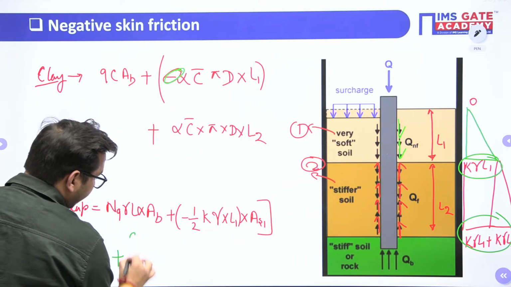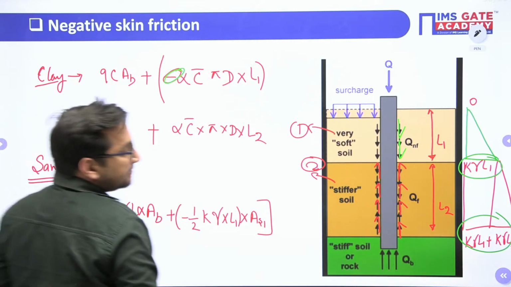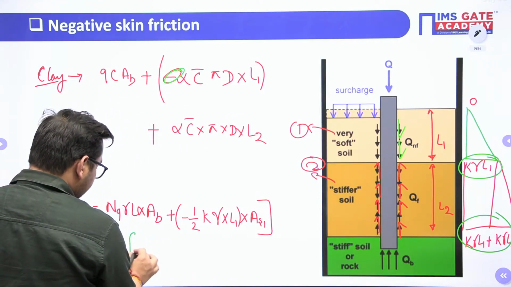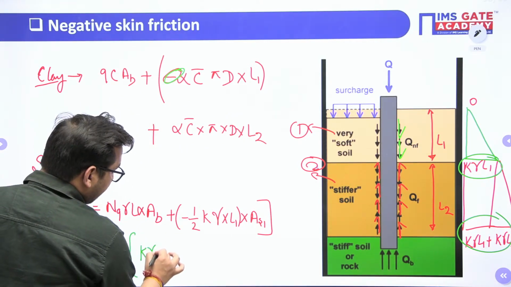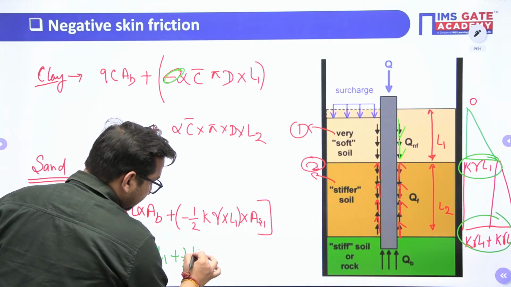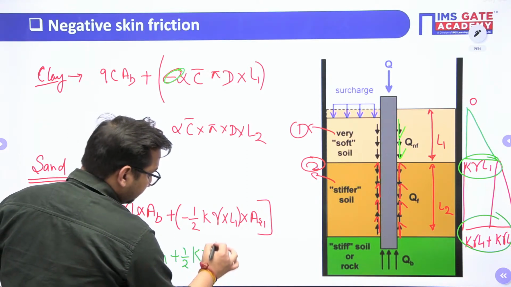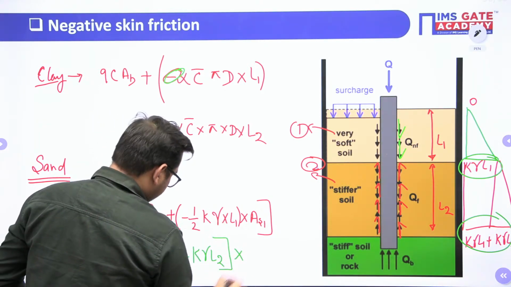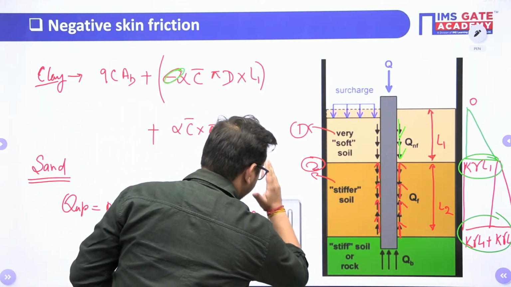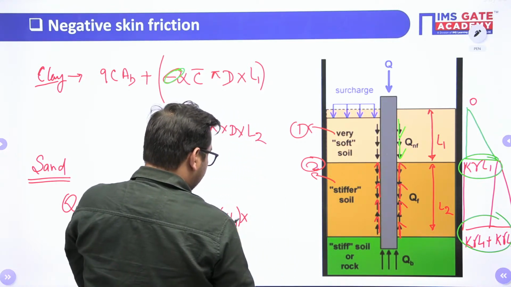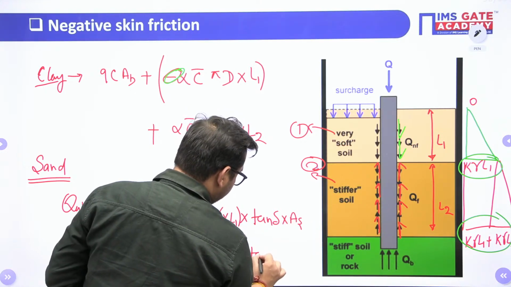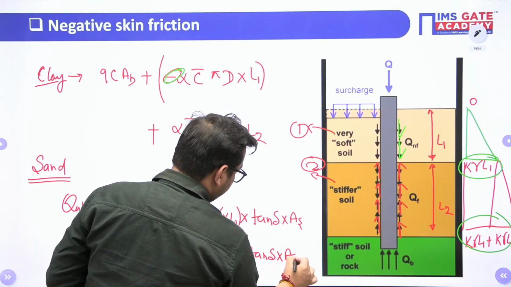Plus, this will become half, so it will be half of K gamma L1 plus K gamma L2, into, sorry, here also there will be a friction factor, tan delta, into AS.